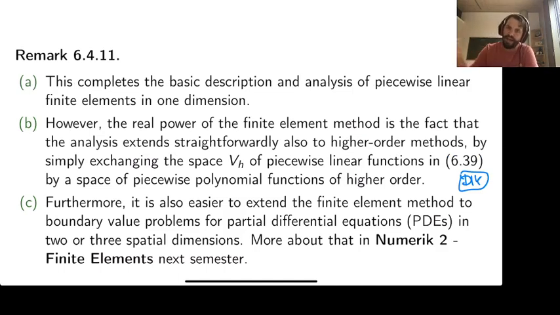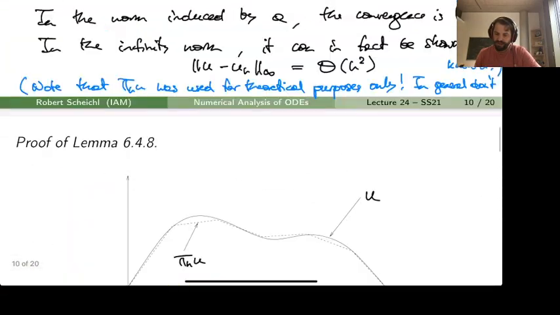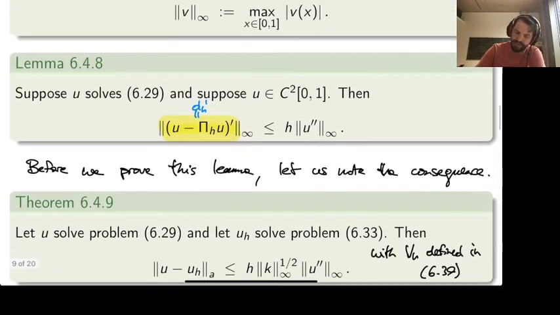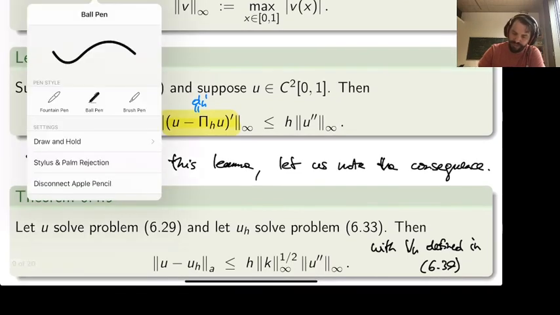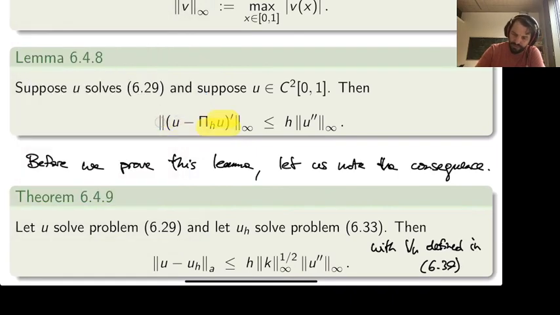In fact, look back at numeric 0, where we've proved interpolation results for piecewise quadratics, piecewise cubics, etc., and where we've shown that, if pi h, for example, was the kth order polynomial interpolant, then essentially all you need to do is you get k here and you get k plus 1 here.